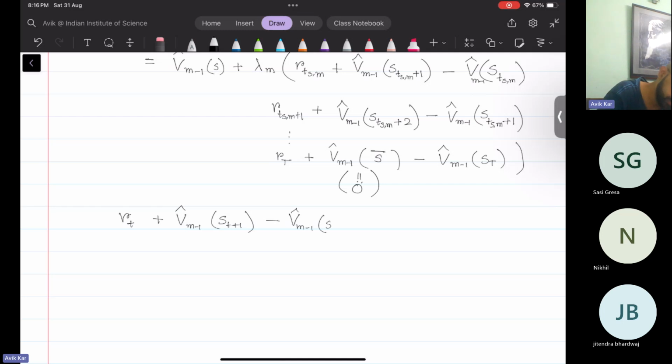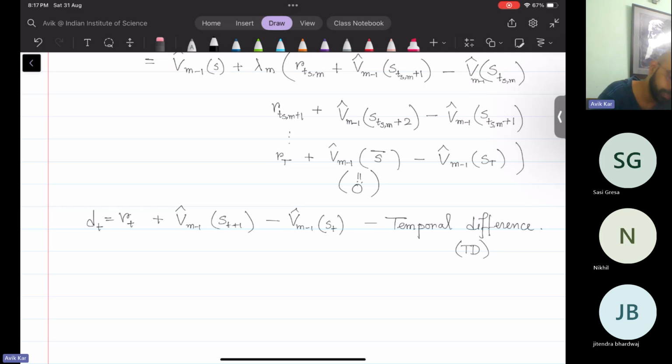This we name as delta_T, and this is called temporal difference. Temporal difference is the full name of TD. So you have encountered the term TD learning. This is where that name comes from.